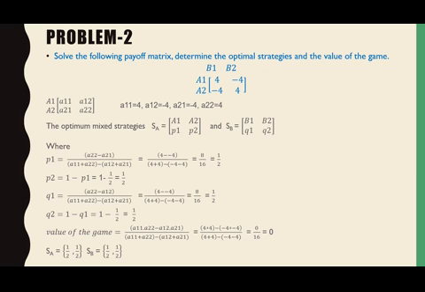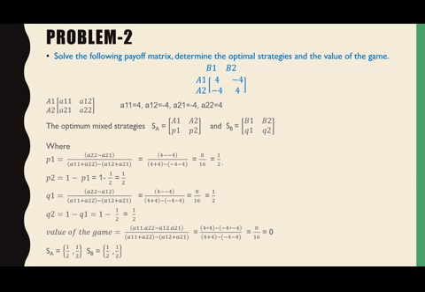This will be minus 8, minus into minus plus. So 8 plus 8, 16. So I get 8 by 16, which is half. So if P1 is half, P2 will be 1 minus half, which is once again half. So P1 is also half, P2 is also half.